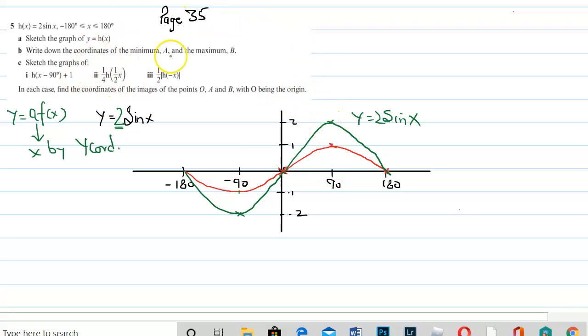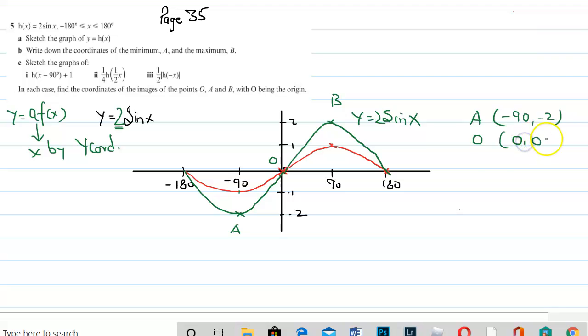The coordinates: this is minimum A, this is maximum B, and this is O. So the coordinate of A is -90, -2. The coordinate of the center point is 0, 0.